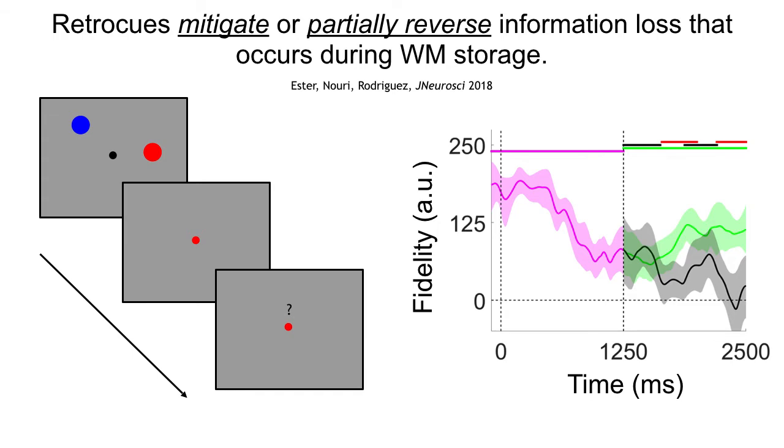And it also showed that retro cues can mitigate that information loss, and people are able to partially reverse the information loss after receiving a retrospective cue.